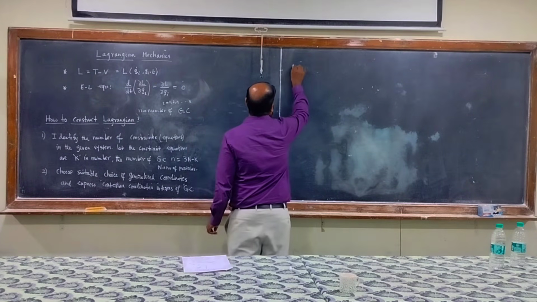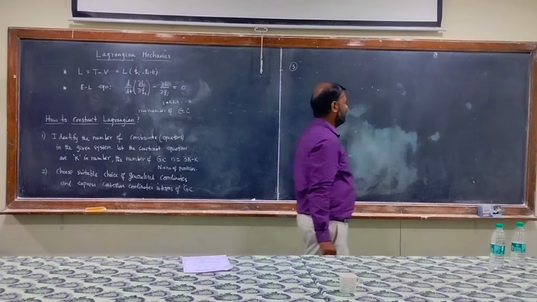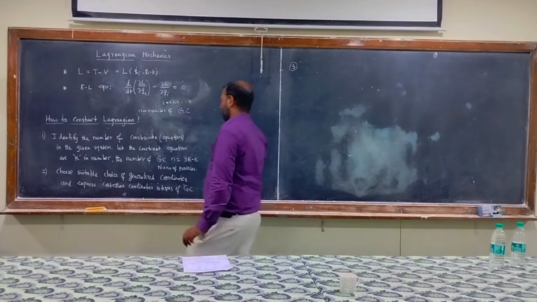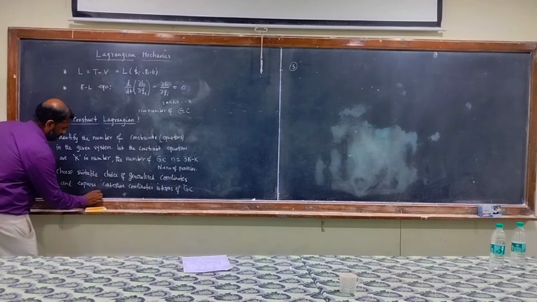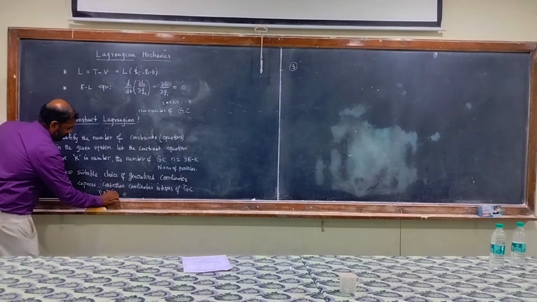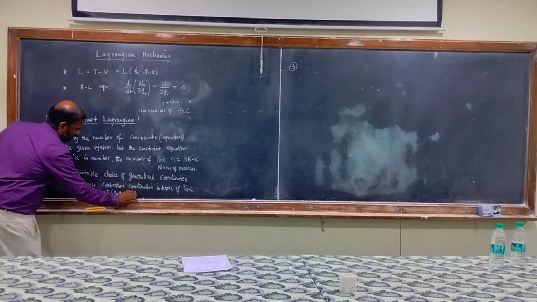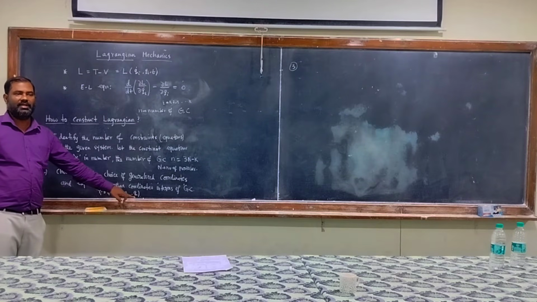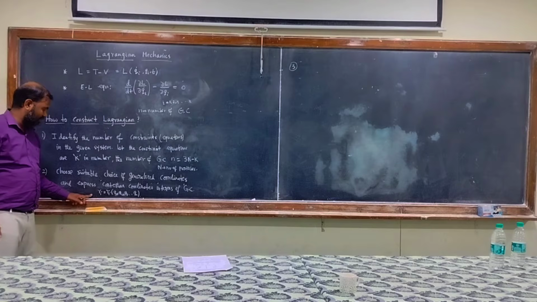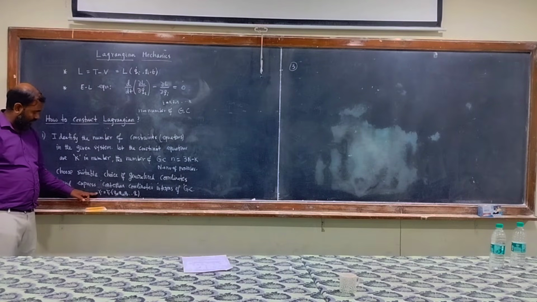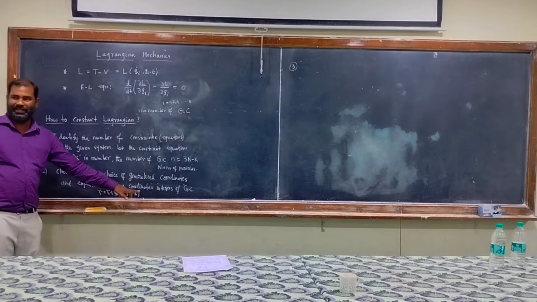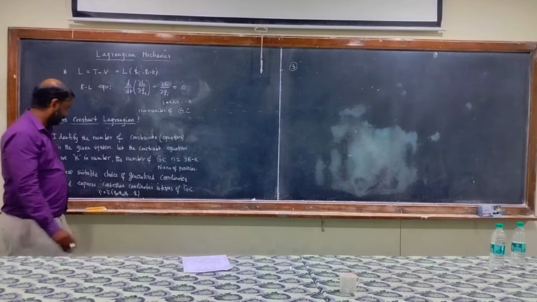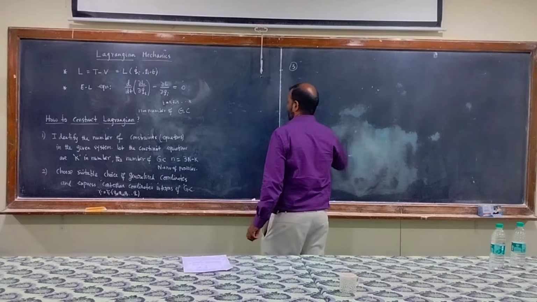That is, r_i equals r_i of q1, q2, q3 up to qn. Here r represents the normal coordinates and q1, q2 represent generalized coordinates. Remember, even one Cartesian coordinate can be a function of all the generalized coordinates.